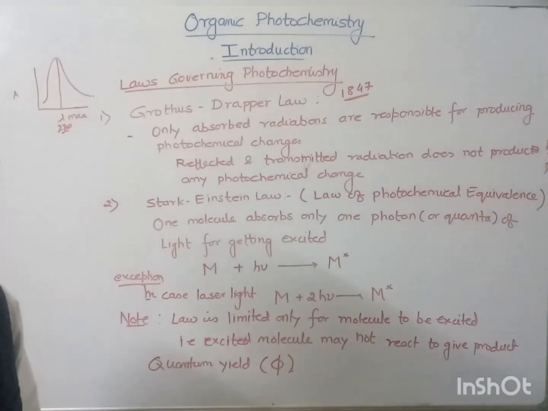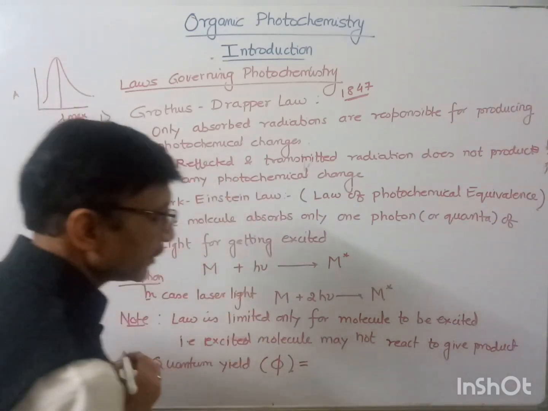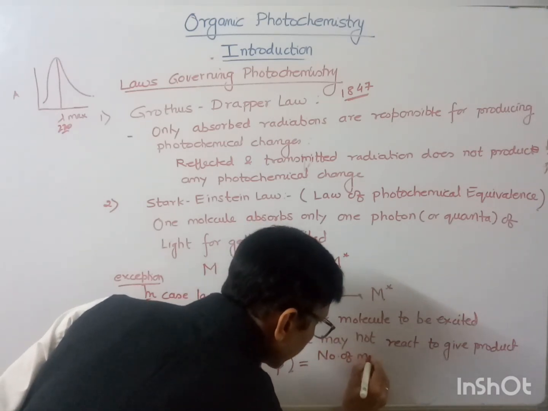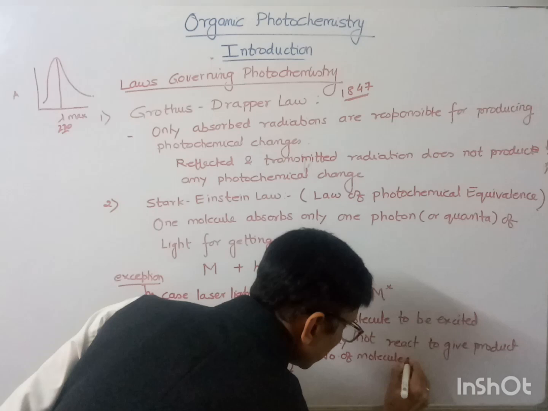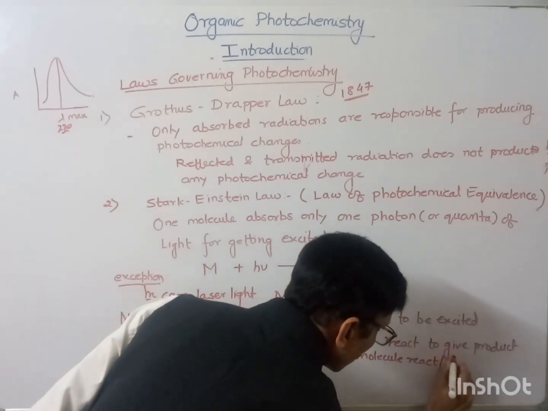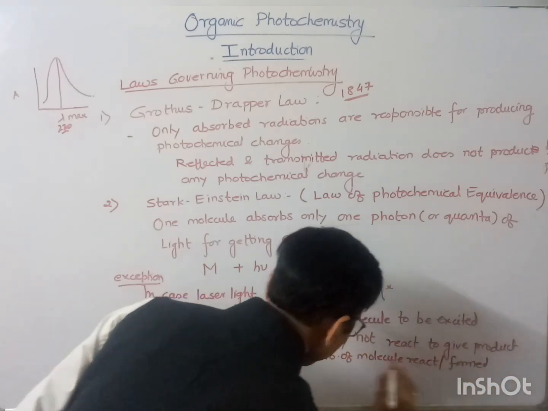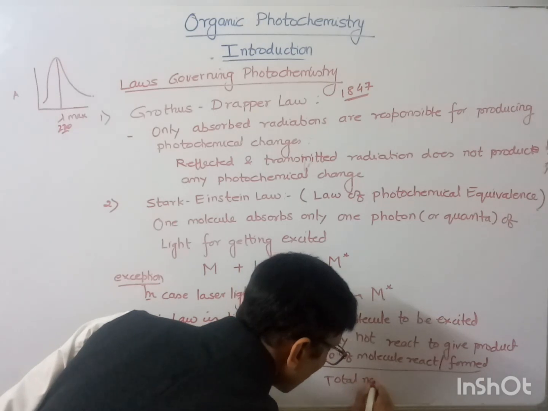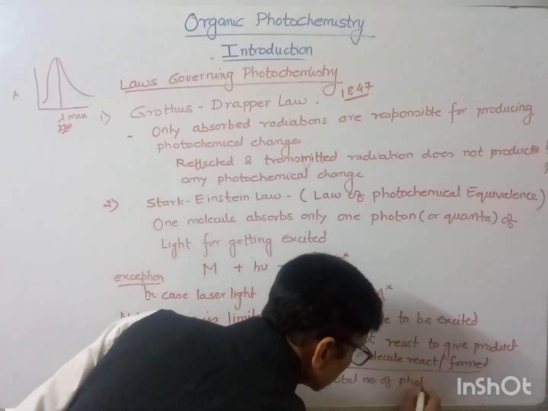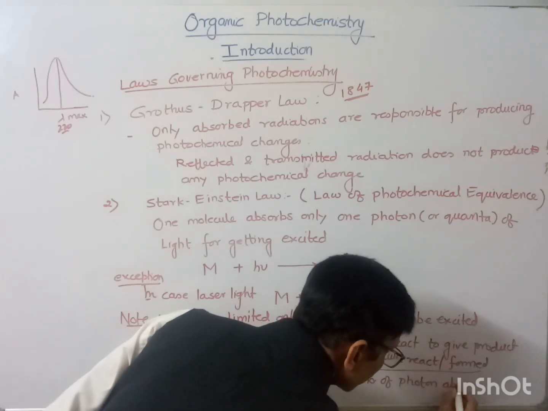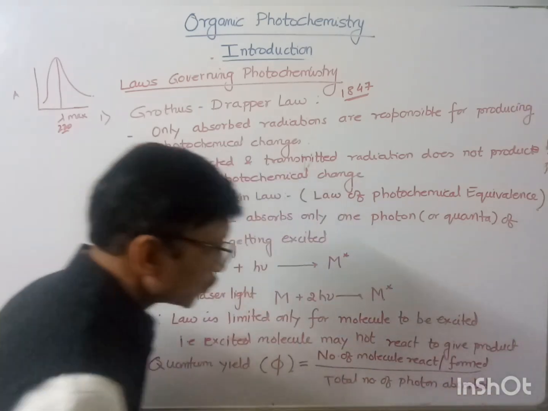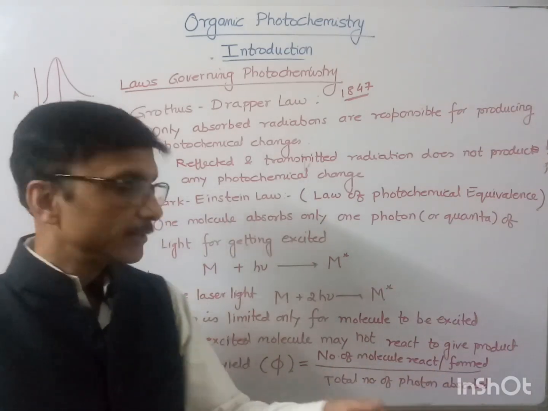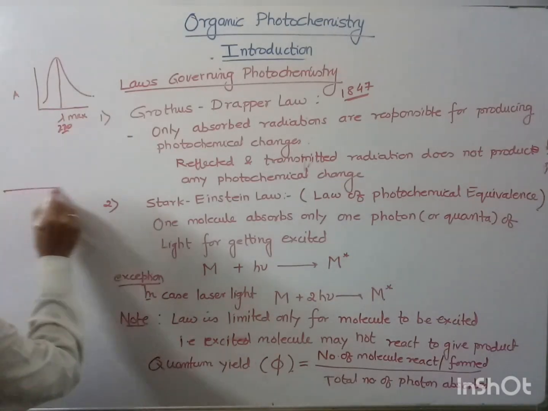So this quantum yield is equal to the number of molecules reacted or formed, divided by the total number of photons absorbed. If the number of photons absorbed is equal to the number of molecules reacted, then in that case the quantum yield should be 1.